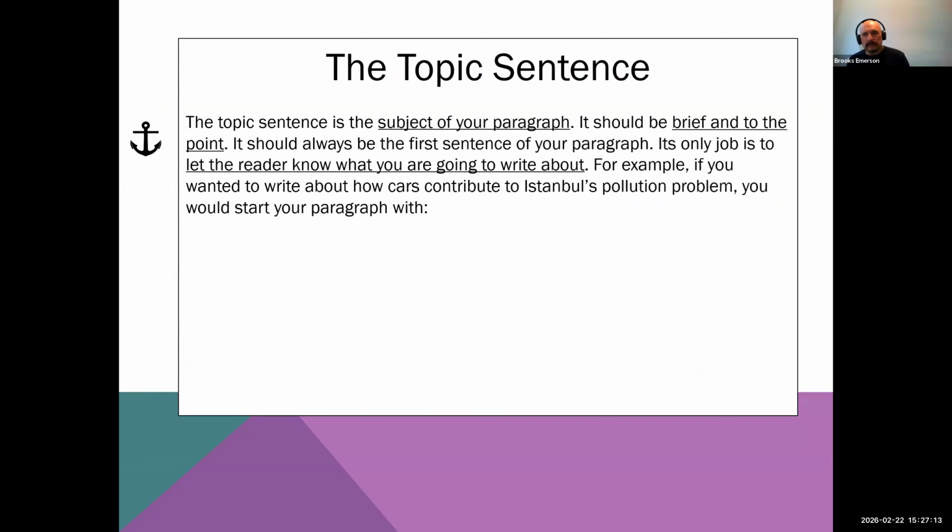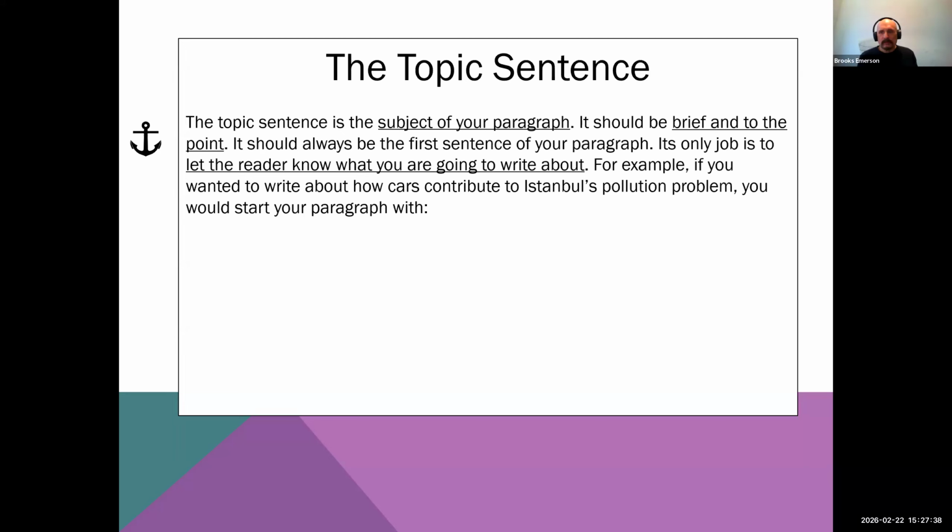Your topic sentence is the subject of your paragraph, and it should be very brief and to the point. You don't want to put a lot of information in the topic sentence. When you write the next 4 sentences, that's where you can really shine. You can make those sentences as long as you want.